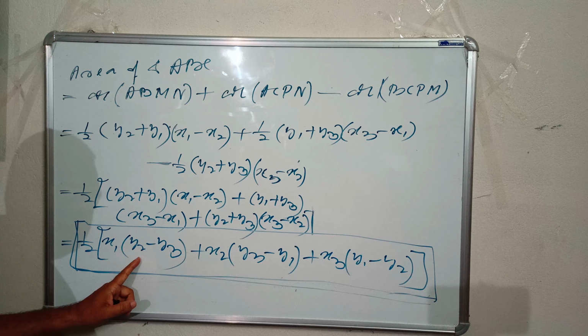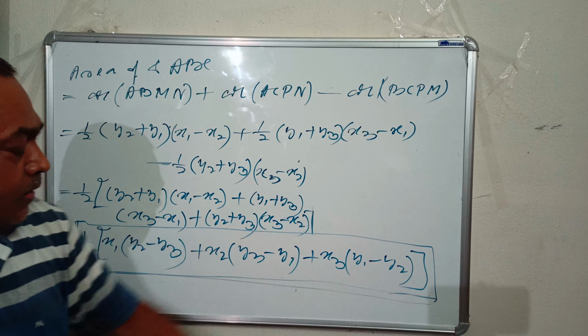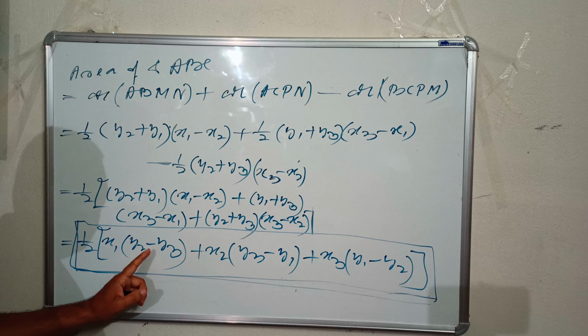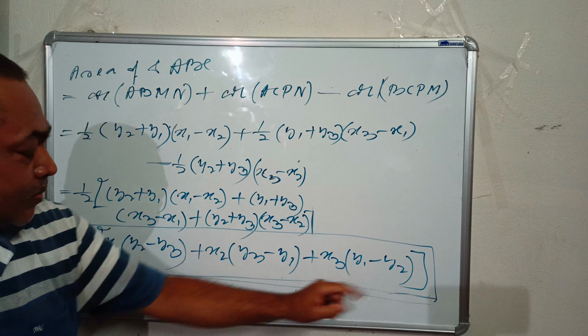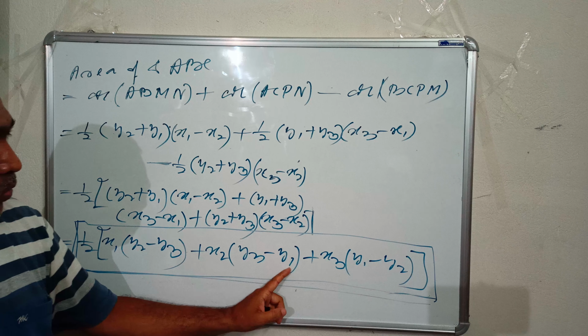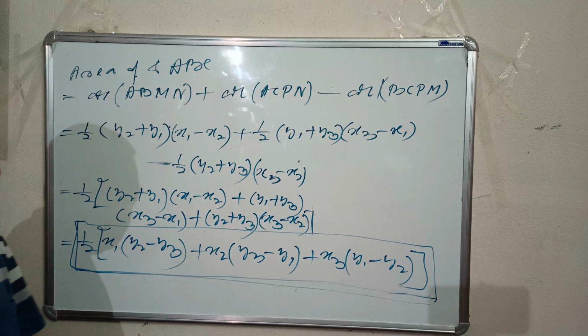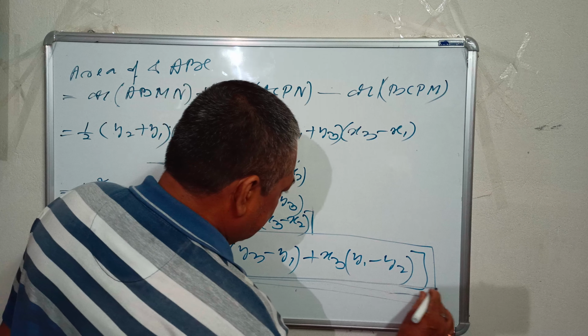For x: 1, 2, 3. For y: 2 then 3, 3 then 1, 1 then again 2, with minus signs. Here minus, here minus, here minus. Remember like this, and then you can remember the formula, because you have to remember this formula.